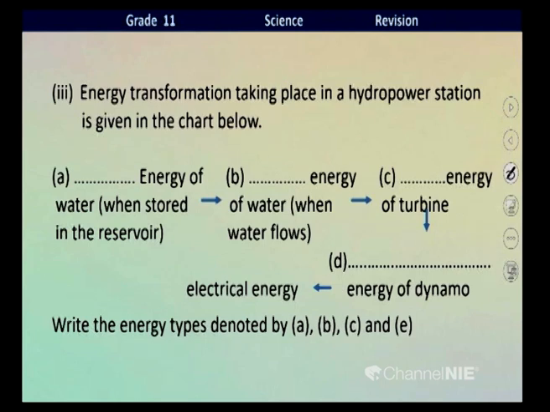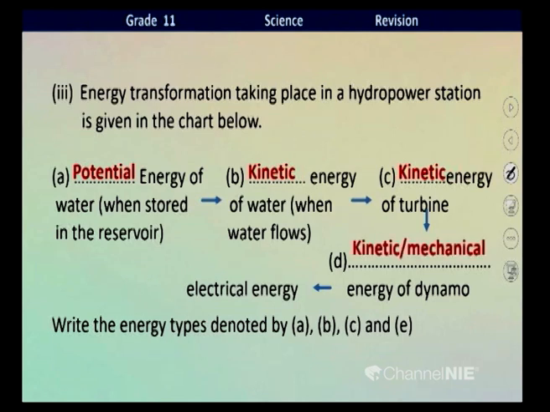See, potential energy of water, then kinetic energy of water when it flows, then turbines are rotated, then kinetic energy of turbines. Finally, kinetic or mechanical energy of the dynamo when the dynamo is rotated, and finally electrical energy is produced.